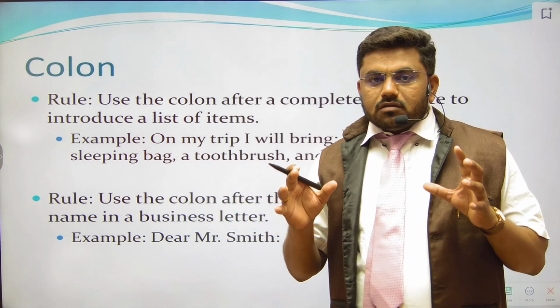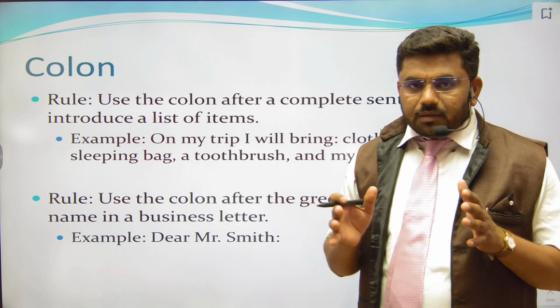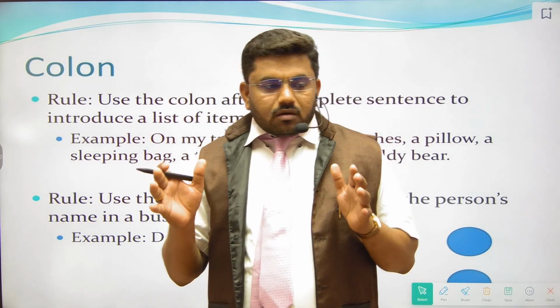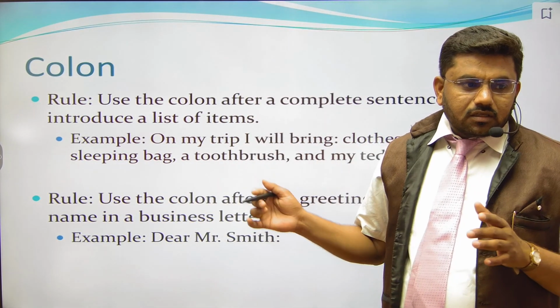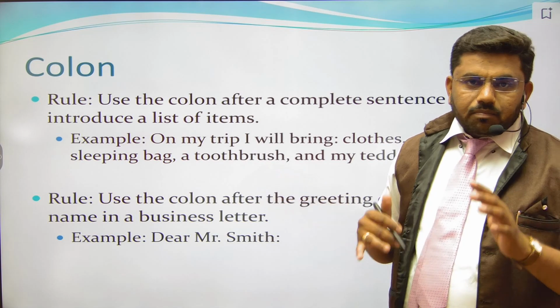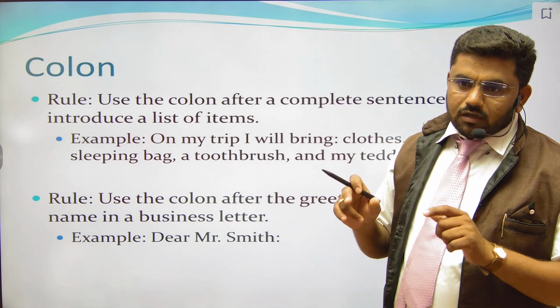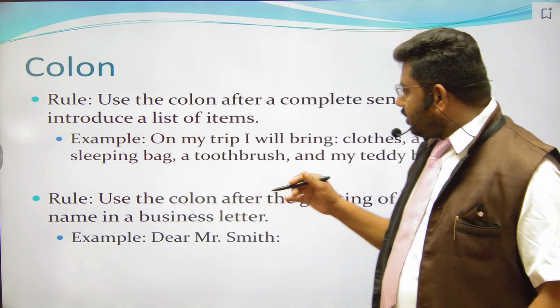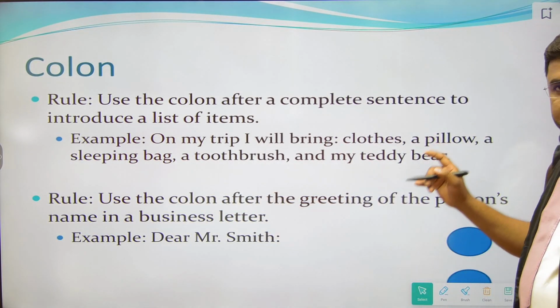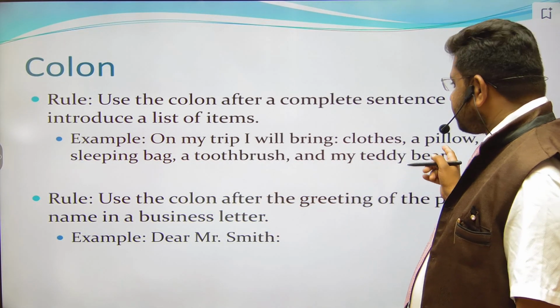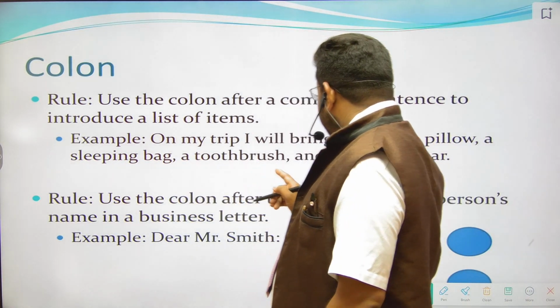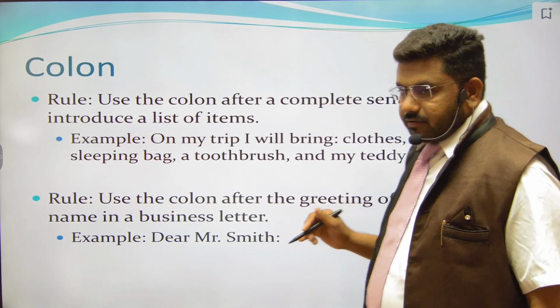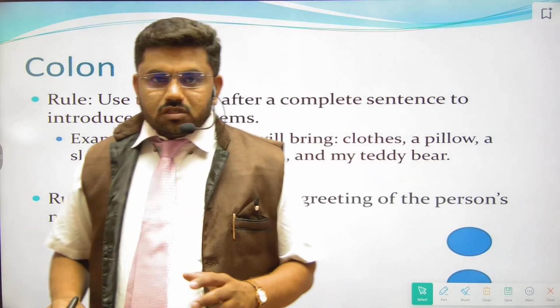Meaning if you want to tell the names of many items, before that what is given here? On my trip I will bring, then colon, then the things I wrote here: the clothes, pillow, sleeping bag, toothbrush, and my teddy bear. In this way, we can use the colon.